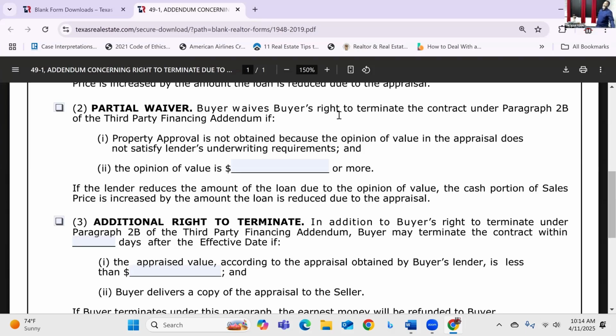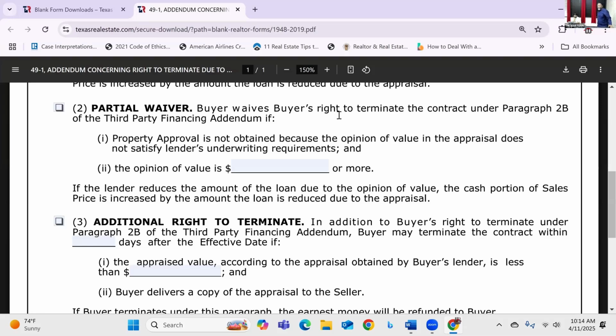Under 2B of the third party finance addendum, if the property approval is not obtained because the opinion of value in the appraisal does not satisfy lender's underwriting requirements, and the opinion of value is blank or more. So that's what that one's used for.